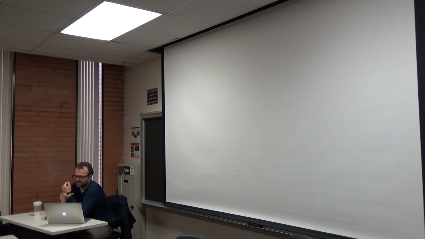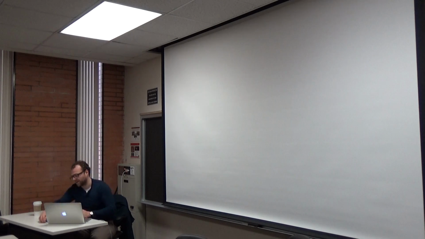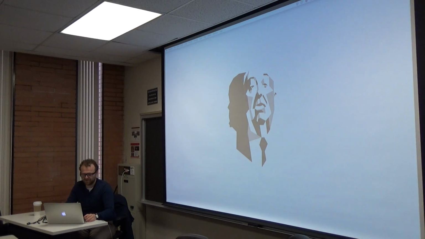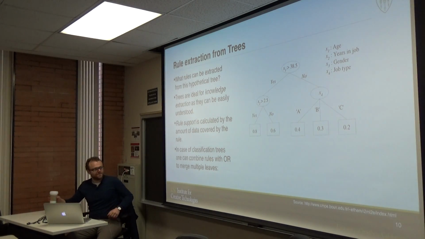Occam's razor, exactly. So in general we want to choose the simpler solution over a more complex solution because it has a higher likelihood of generalizing well on new data. Okay.